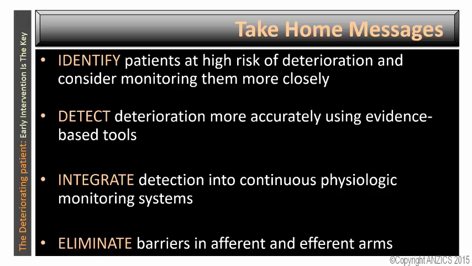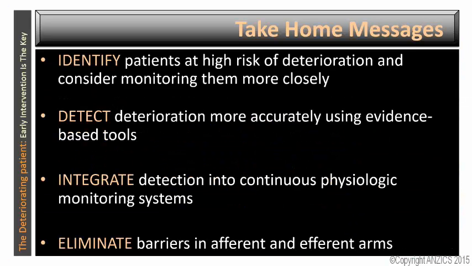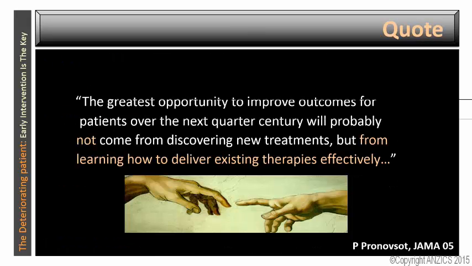So my take-home messages are: we need to identify patients at high risk of deterioration and consider monitoring them a bit more closely, detect the deterioration more accurately using evidence-based tools, integrate detection into continuous physiological monitoring, as Michael was talking about, and eliminate the barriers in both the afferent and the efferent arms.